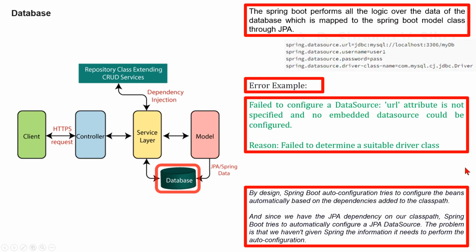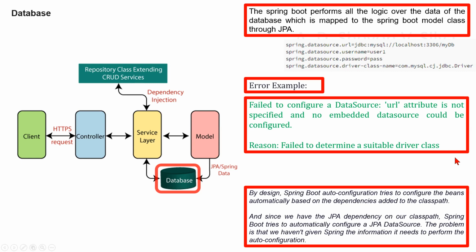As an error example, we can consider this error: Failed to configure a DataSource: 'url' attribute is not specified and no embedded datasource could be configured. Reason: Failed to determine a suitable driver class. By design, Spring Boot auto-configuration tries to configure the beans automatically based on the dependencies added to the classpath. And since we have the JPA dependency in our classpath in this particular case, Spring Boot tries to automatically configure a JPA data source.